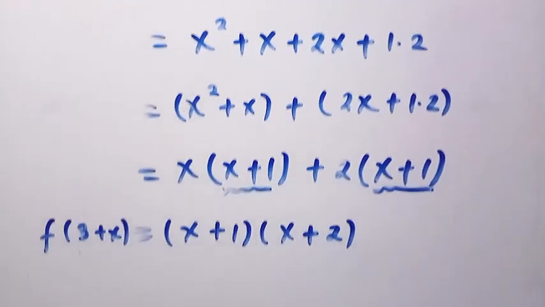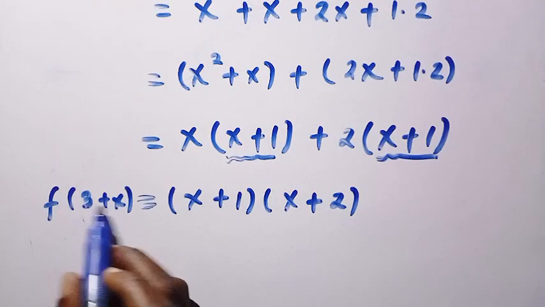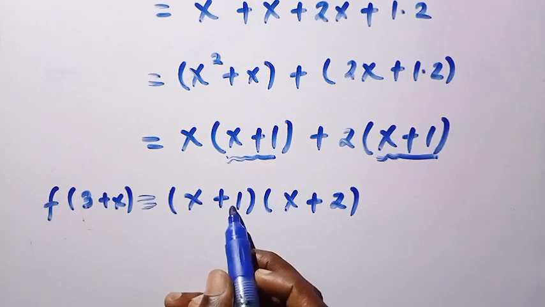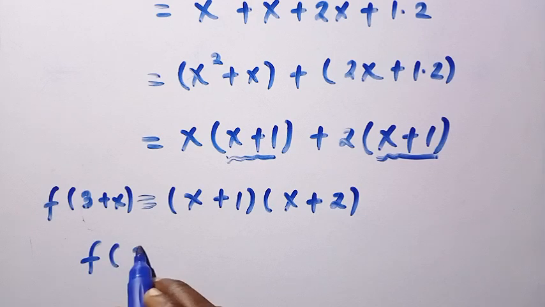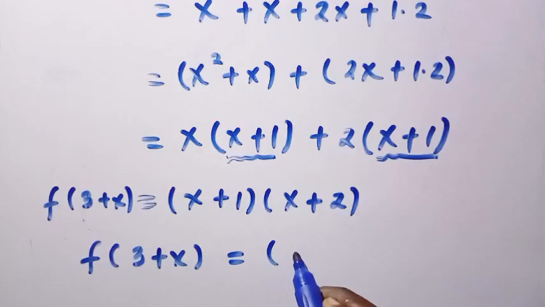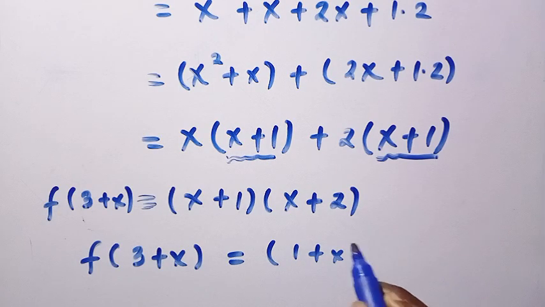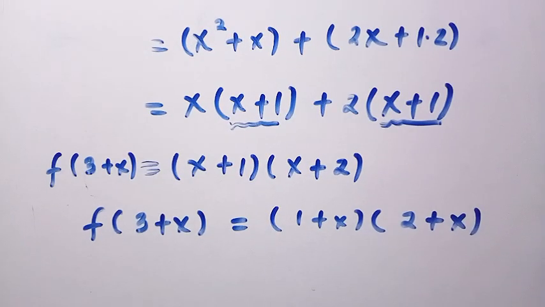Then we're now going to look at this domain. We have this as 3 plus x, but this is x plus 1, this is x plus 2. If I write this as 3 plus x, and I have this also as 1 plus x, then also 2 plus x, these are still the same since addition is commutative.